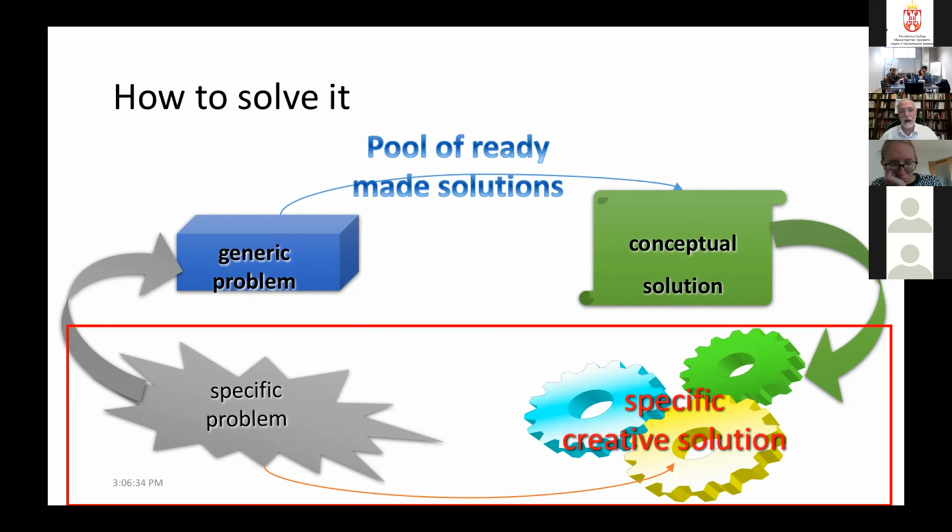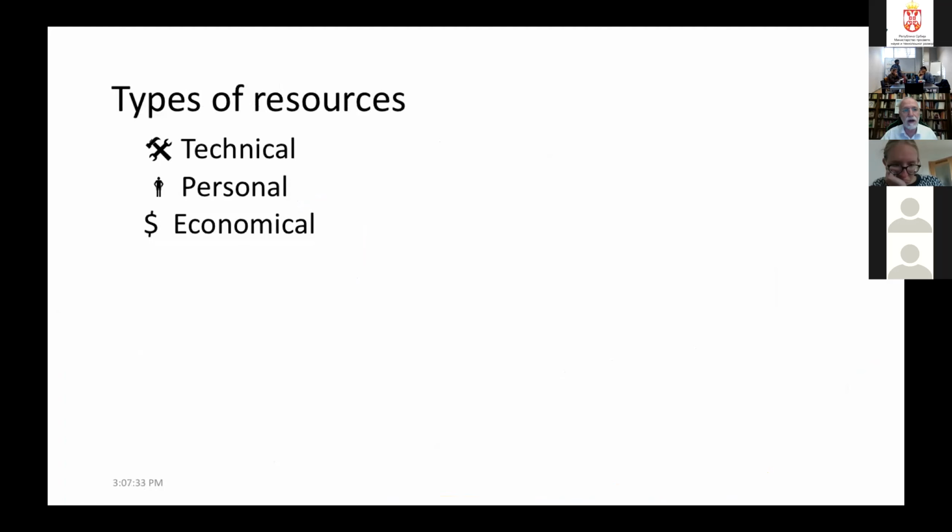This pool of ready-made solutions was made by 3,000 people in the former Soviet Union, the so-called Trizniks, who have been reading millions and millions of patents and extracting the main idea from each one and then generalizing, and then they have found a list of 40 tricks that are always used. But those tricks are used on resources. Now we have to focus on resources.